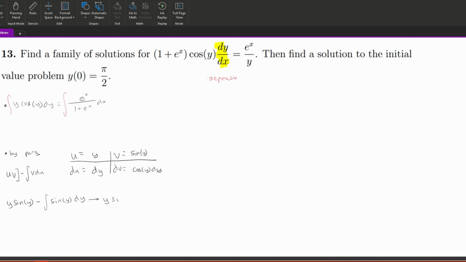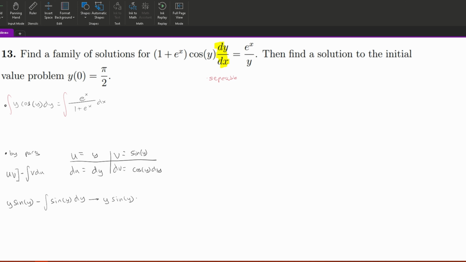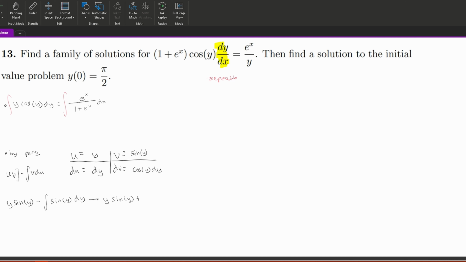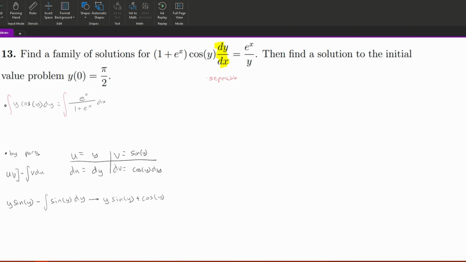We have y sine of y minus the integral of sine of y, which is just going to give us a negative cosine of y. Since we have a negative cosine, we are just going to make this a plus, and it'll be cosine y. And we can have a plus c here, but since we have more that we're going to do on the other side, we'll omit the plus c for now.